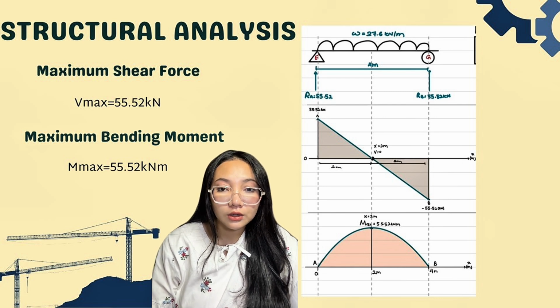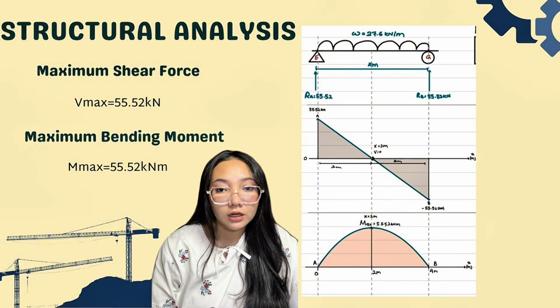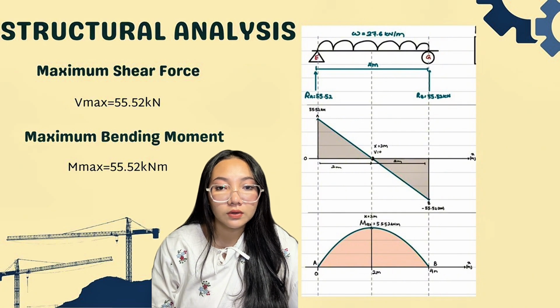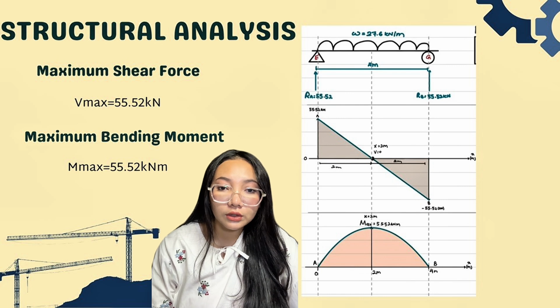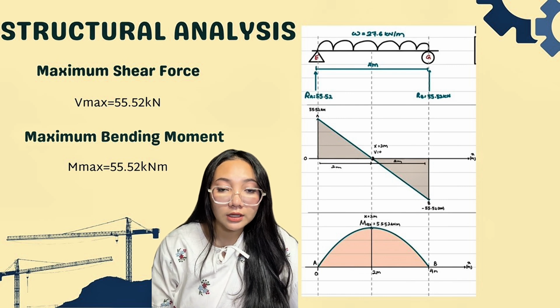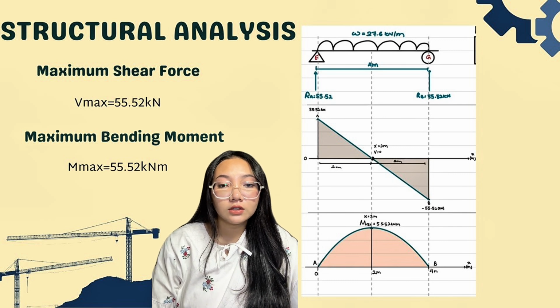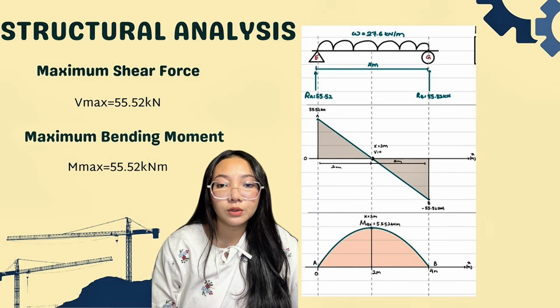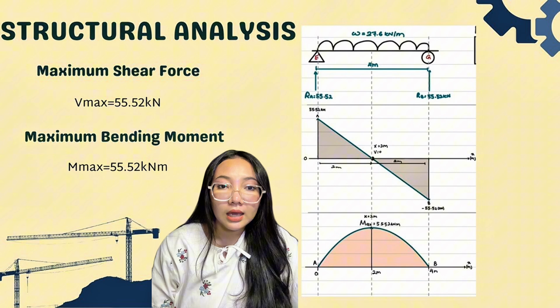This maximum value occurs at the midspan of the structure, which experiences the greatest bending effect due to the uniformly distributed load. From the shear force diagram, SFD, the shear force decreases linearly from positive 55.52 kN to negative 55.52 kN as a result of the uniformly distributed load.